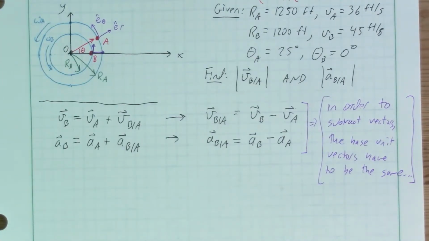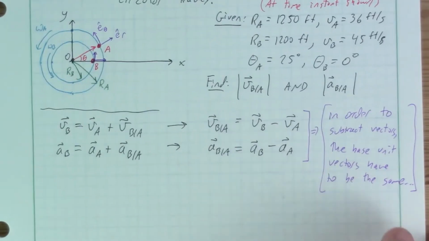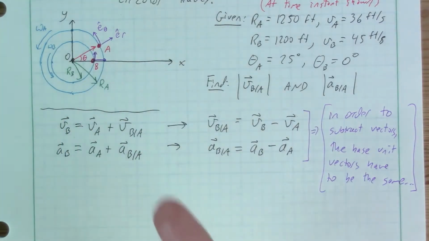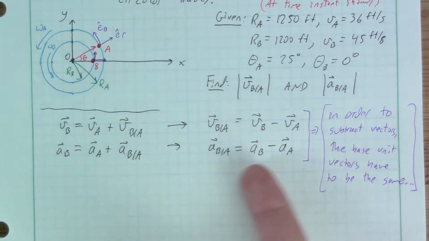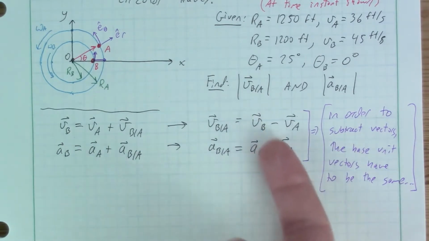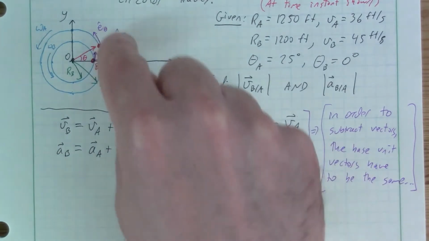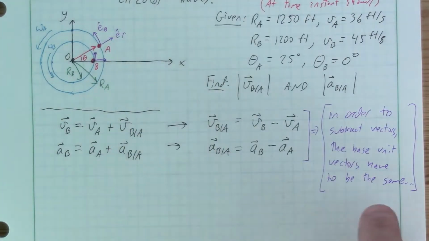So the approach is going to be to write them out, because it's so easy in uniform circular motion to use polar coordinates. It's going to be so trivial to write out what vA, vB, aA and aB are, right? We can subtract them, but in order to subtract them, we need to convert them from their individual e_r, e_theta coordinates to Cartesian, which is a fixed thing, right?